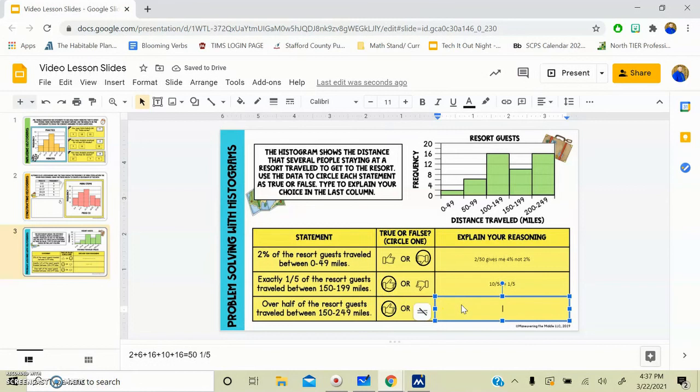Reasoning being, there are 26 guests that travel from that distance. So this is one example of more of a practical application of a histogram. And if you have any questions, please feel free to contact your teacher.